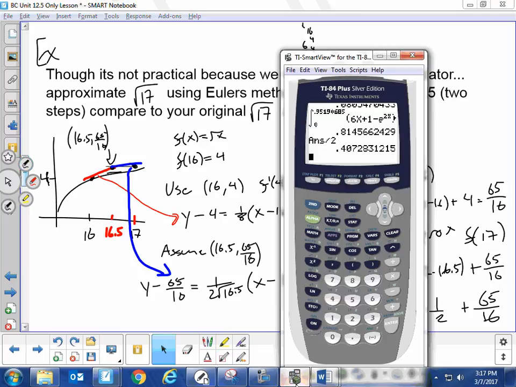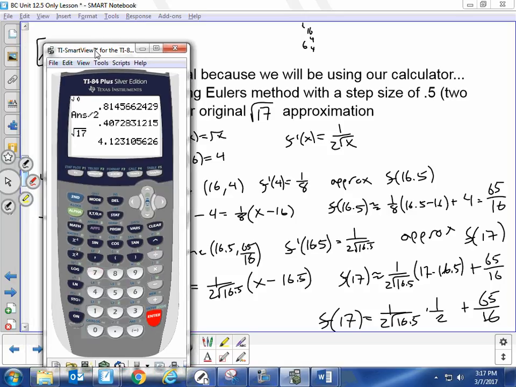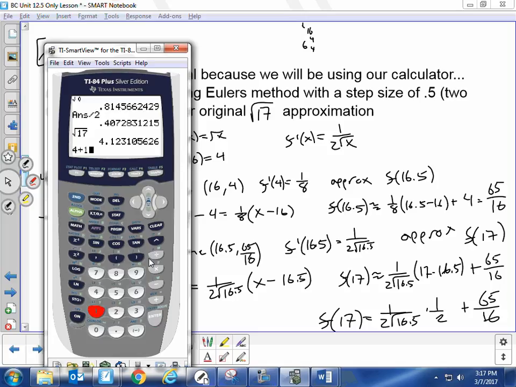How close are we? Okay, that's good. So root 17. Hey, you got to do what you got to do here. Okay, we had 4 and an 8 as our first approximation, right? Okay, so 1 over, in parentheses, 2 root 16.5, times 0.5, plus 65/16.